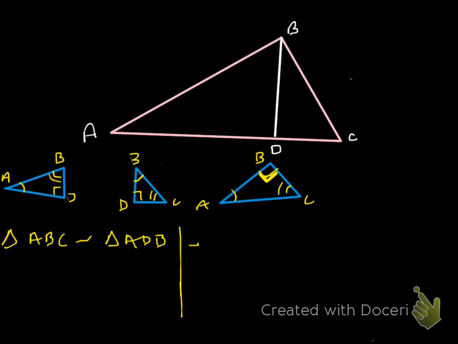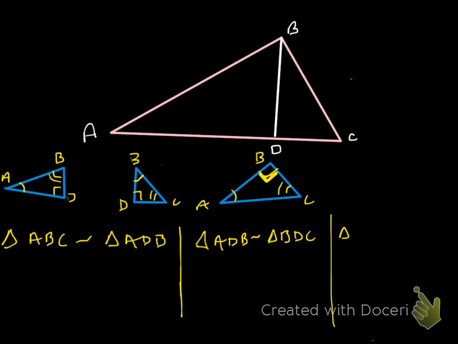And then you're going to have triangle, pen's not working. Then you have triangle ADB. It's similar to triangle BDC.